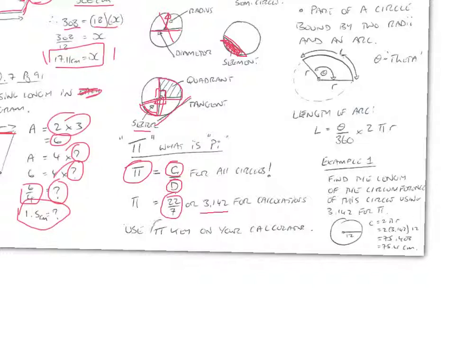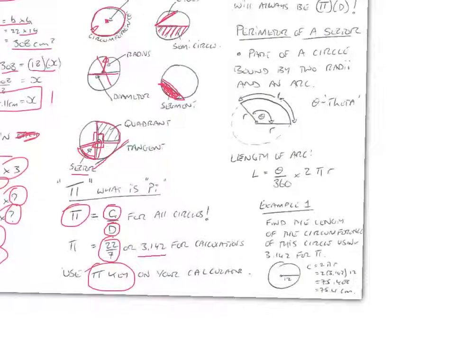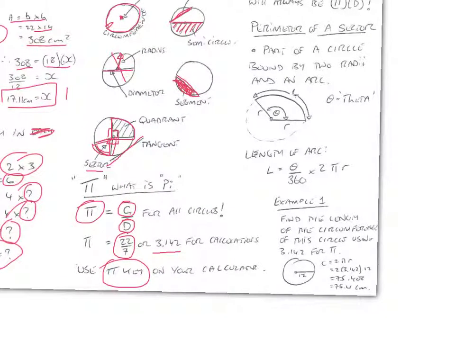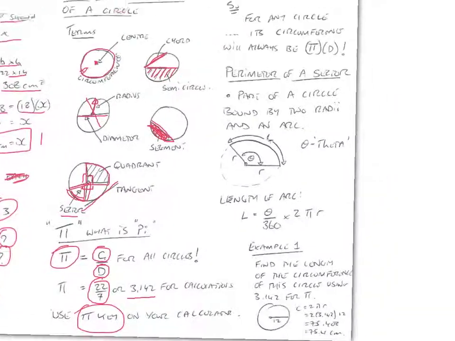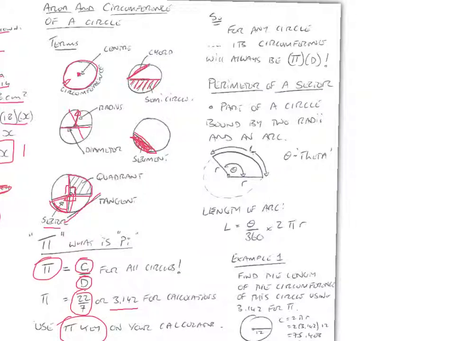Okay, and you can use your pi key on your calculator. If you're told to use 22 over 7, do that. If you're not told that, use your pi key. So it's just interesting to remind ourselves that for any circle, its circumference will always be pi times its diameter.